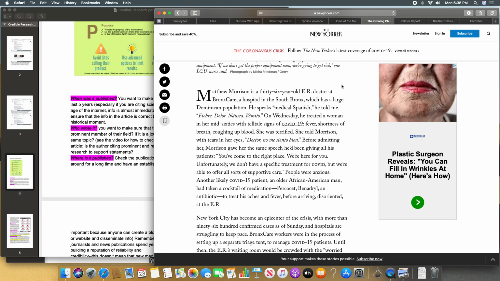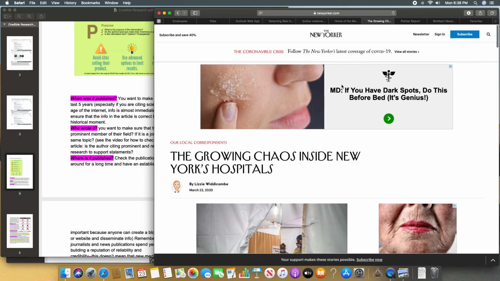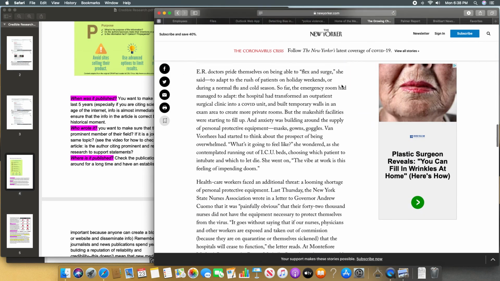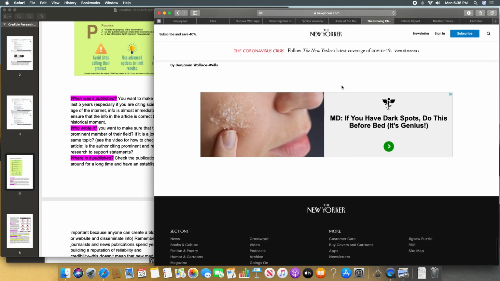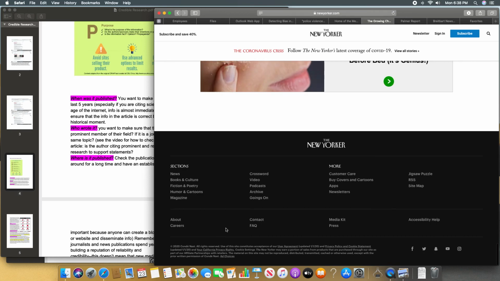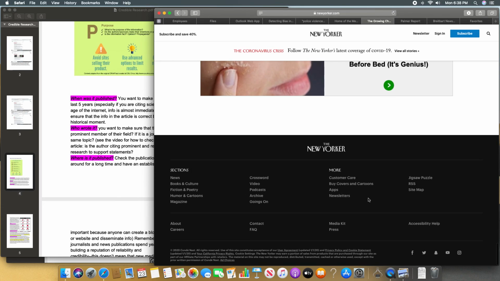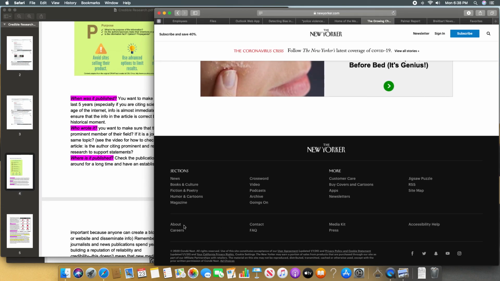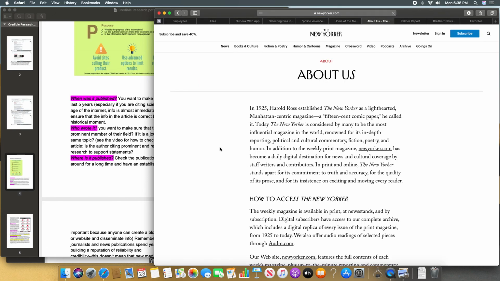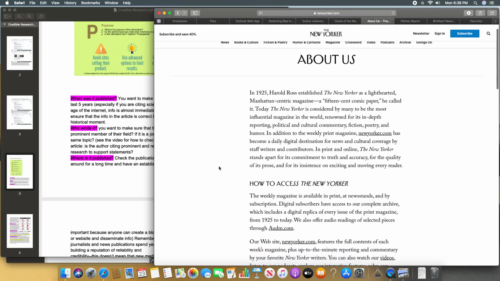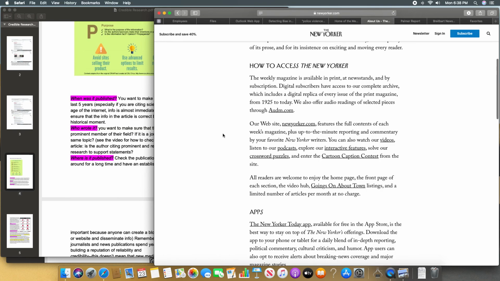And you can find out what it's all about by simply scrolling down to the About Us. You can flip through the different sections here, but you could also see, here we go, 1925, so it's been around since 1925, which is pretty incredible, almost 100 years.